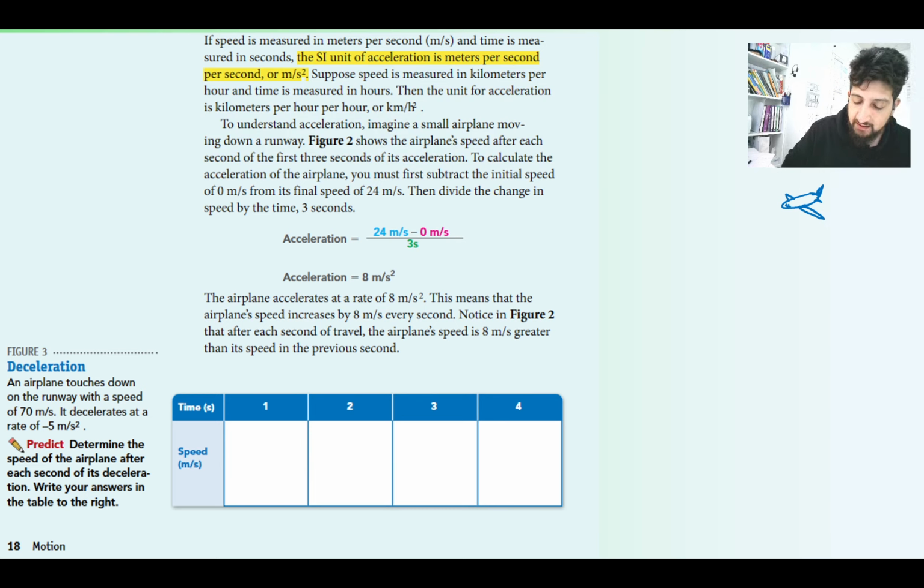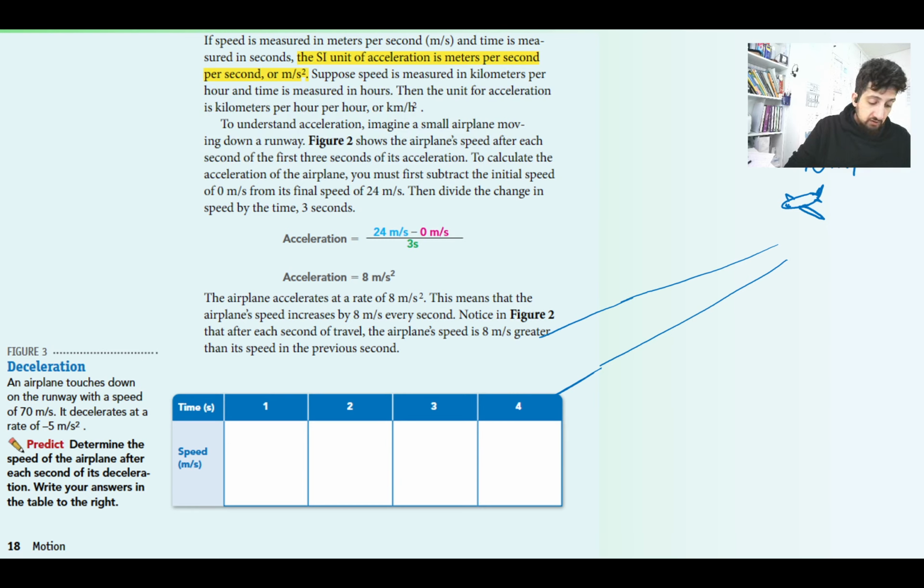Okay, so here's the plane, and it's touching on this runway over here. Now this plane is just coming down for a landing, and it's traveling at a speed of 70 meters per second. So that is S1. Okay, that is the initial speed, or VI.